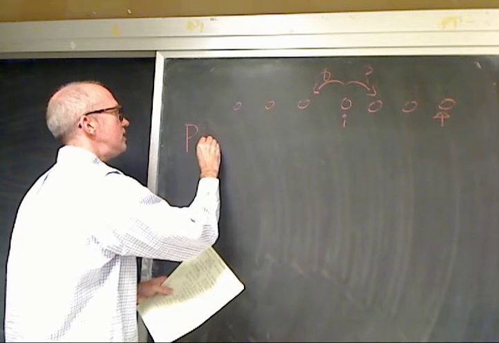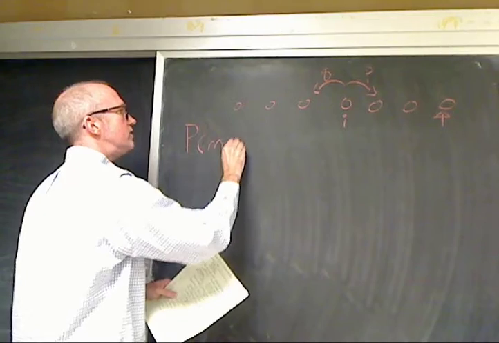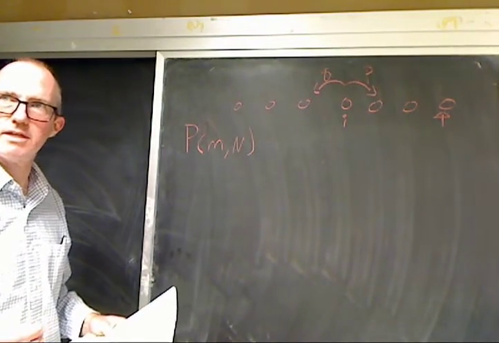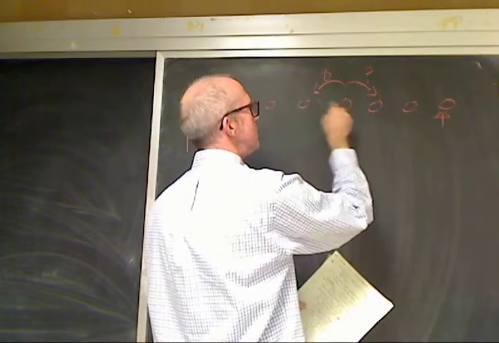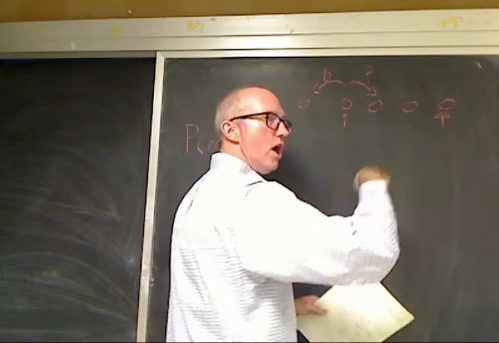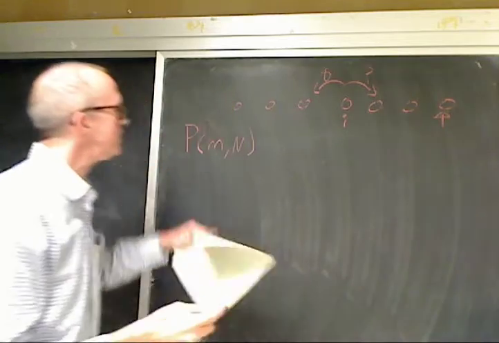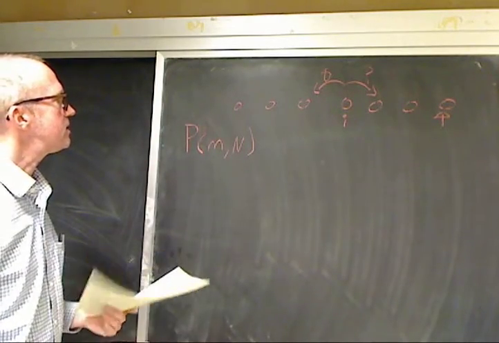we want the probability that we've gone a distance m after n time steps. Does that make sense? We're marching along in space. How far have I gone away from the center in n time steps? What's the probability that I've gone m steps in n time steps?